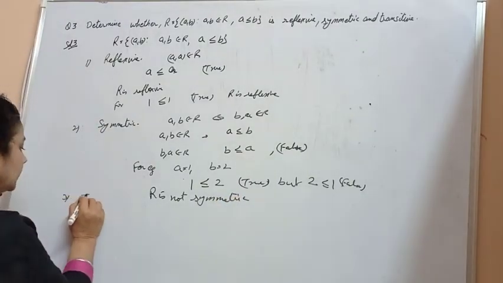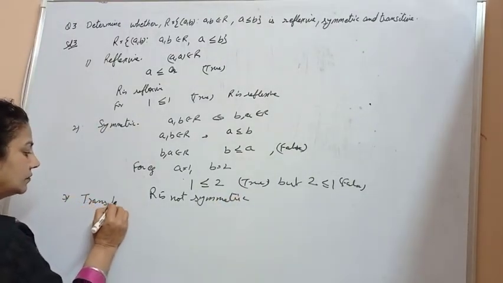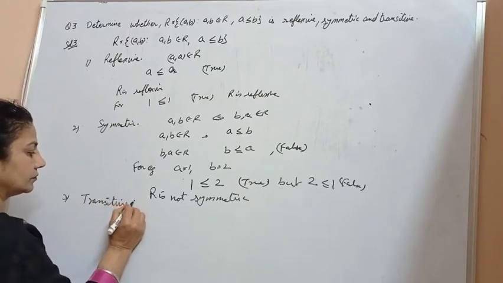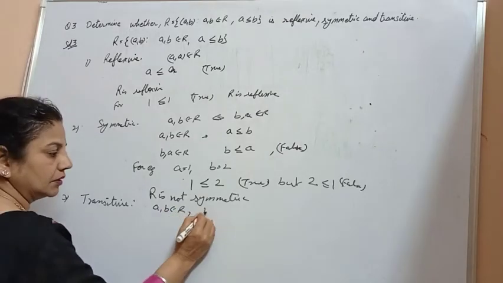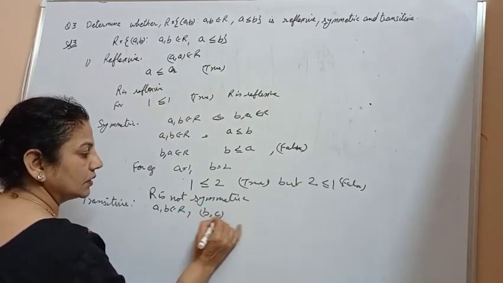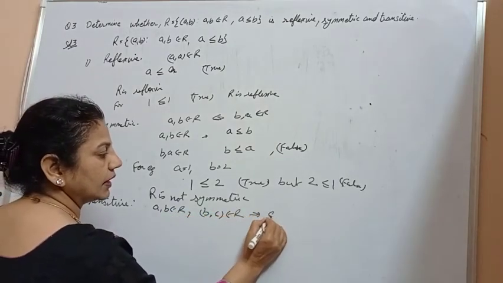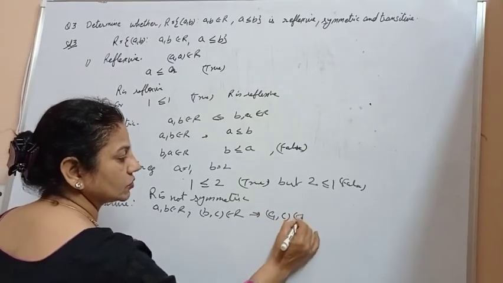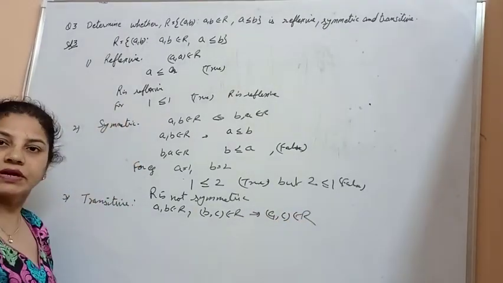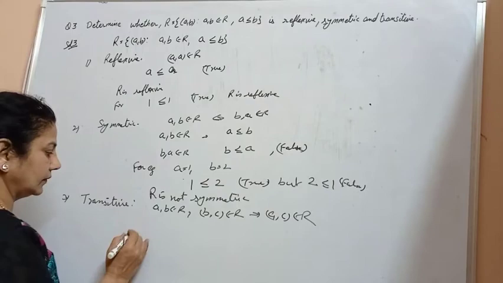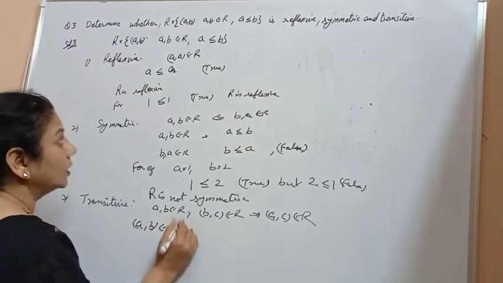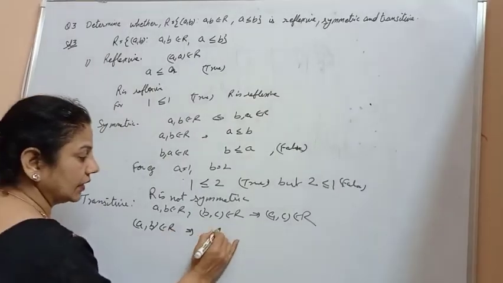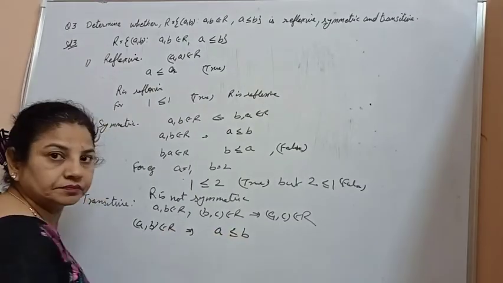Check for transitivity. (a, b) belongs to R and (b, c) belongs to R implies (a, c) belongs to R, according to the definition of transitivity. (a, b) belongs to R. According to this relation, a is less than or equal to b.